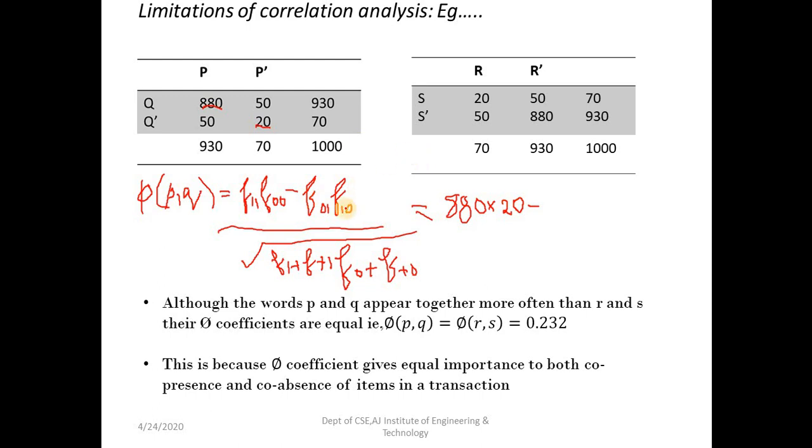Then f01: P does not occur, only Q occurs, so it is 50, into f10: P occurs, Q does not occur, so this is 50.